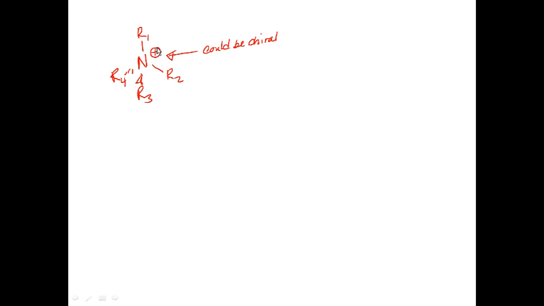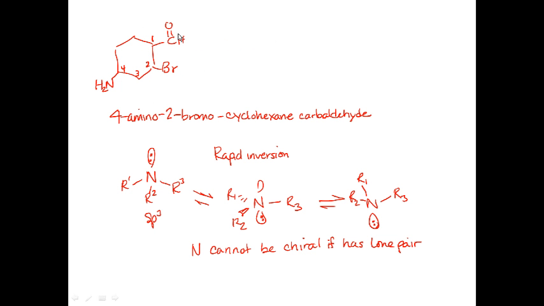That is a legitimate possibility. You would just determine R and S configurations based on those groups. It is possible to have an R or an S configuration for an ammonium salt, but not for a nitrogen with a lone pair. So there is a possibility of one form being chiral, but not all of the forms being chiral.